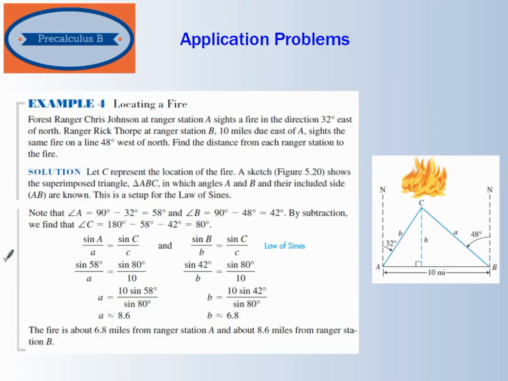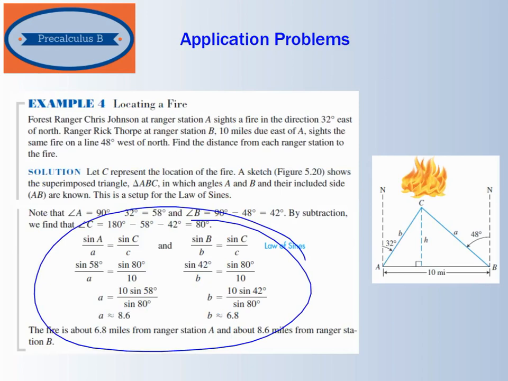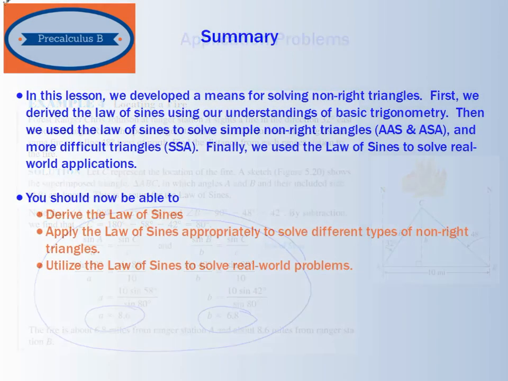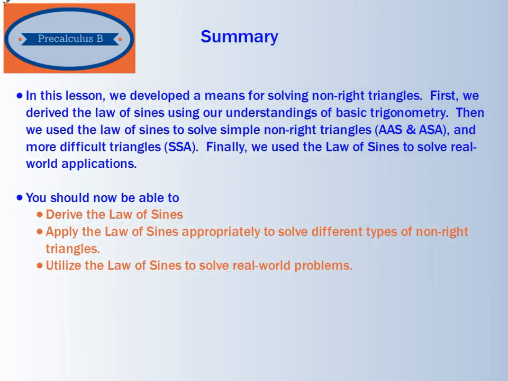As we can see here, this is exactly what it gets set up in the book solution, and in doing so, we can follow the solution here and find that A will give us 8.6 miles and B will give us 6.8 miles.